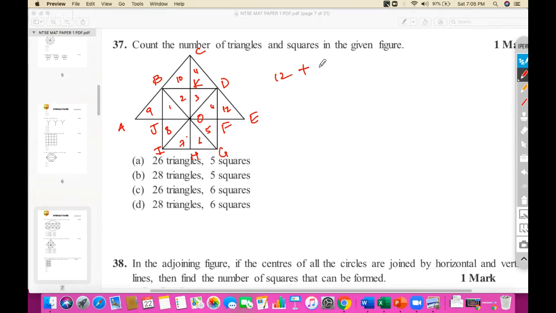So with two components I have 9. I'm saying this is 1, this is 2, this is 3, this is 4, this is 5, this is 6, this is 7, this is 8, and this is 9. So I have made 9 lines. It means that I am adding these two triangles. So 9 over there. So I have already got 21.